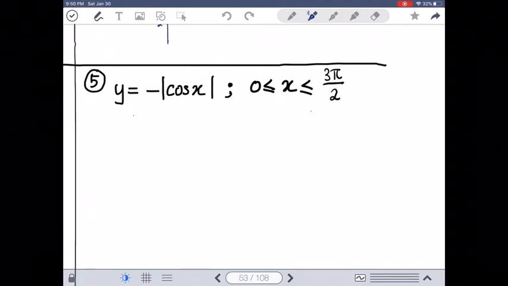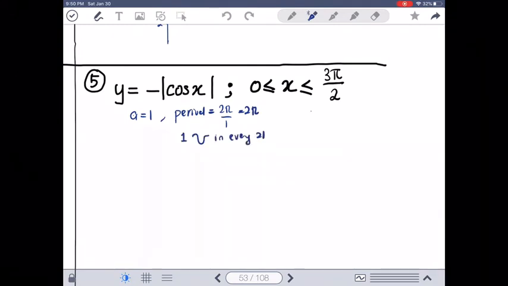y equals negative cos x such that x must be from 0 until 3 pi over 2. Again, amplitude is equal to 1. And it's easy to see that the period is just 2 pi over 1, which means 2 pi. So 1 cycle in every 2 pi.